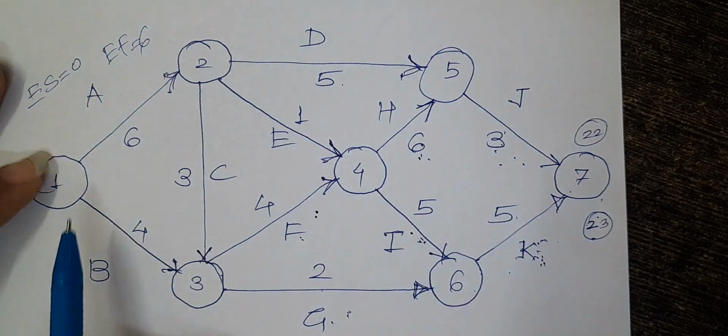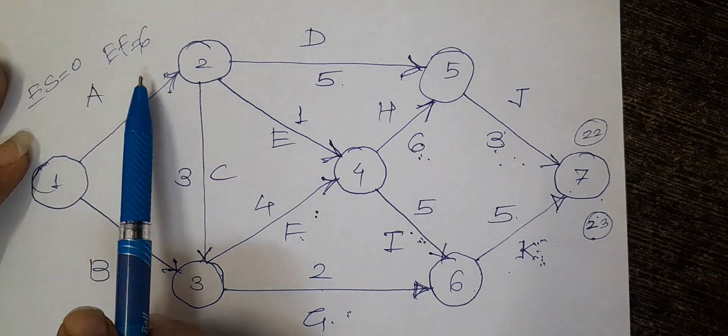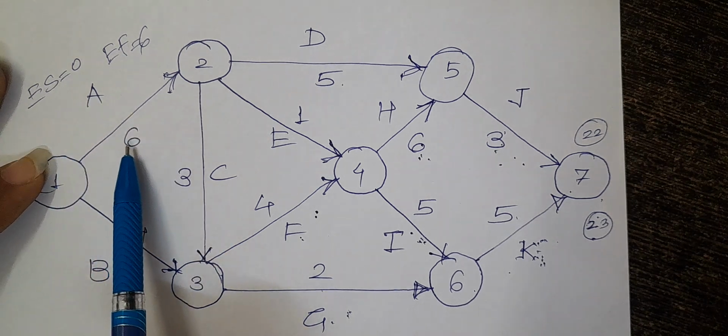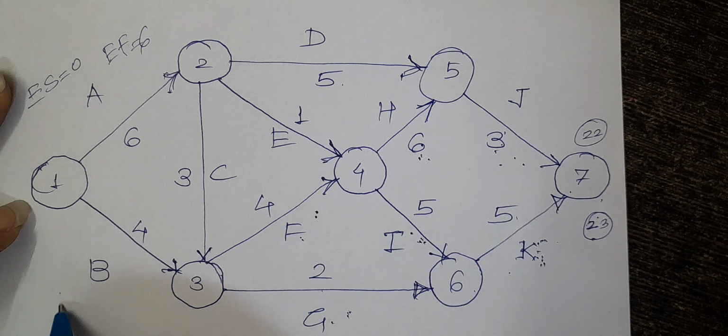So the earliest start for this activity is 0 and the earliest finish is 6. Similarly, for activity B, the earliest start is 0 and the earliest finish is 4.